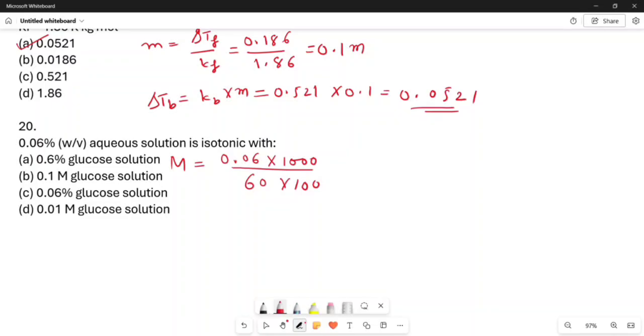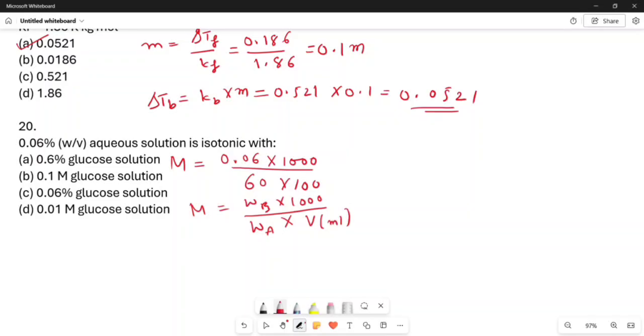The formula to calculate molarity is WB into 1000 divided by WA into the volume of the liquid in ml.